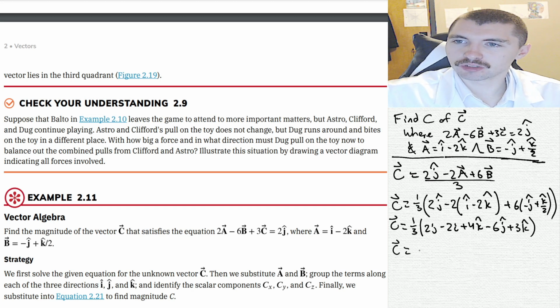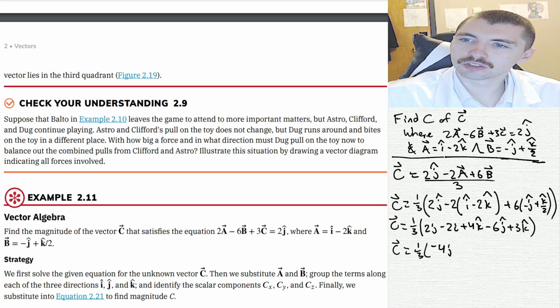Okay, C is, so we're going to add the j's, so negative 1/3 over, let's see, 2 plus negative 6, negative 4 j hat, minus 2 i hat, plus 7 k hat.